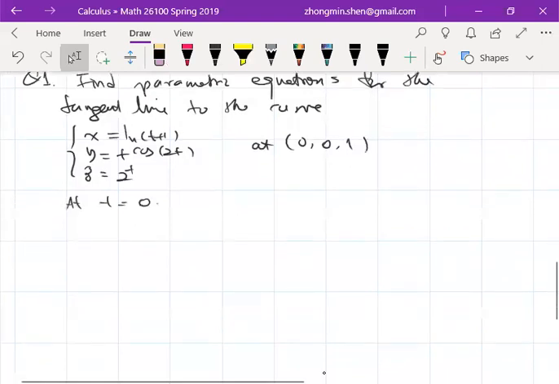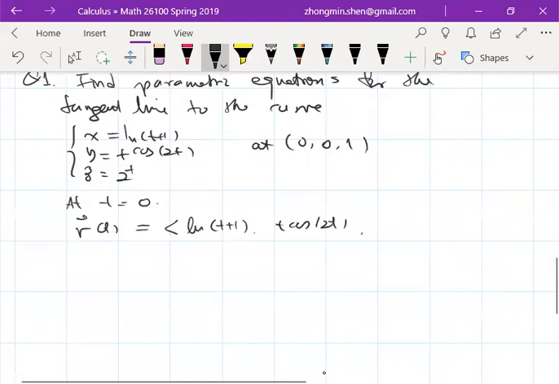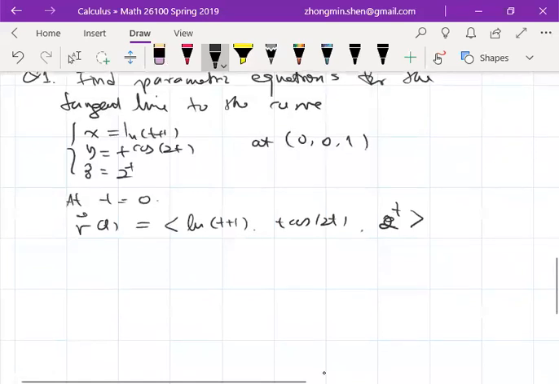So you should express it as a vector function, right? So this is natural log of t plus 1, t cosine 2t, and 2 to the t. All you need to do is to find the tangent vector to the curve.